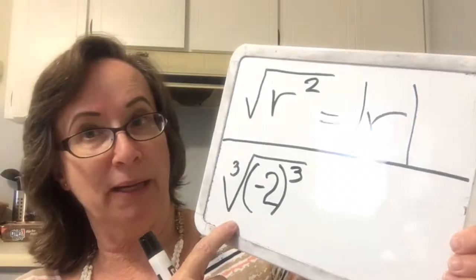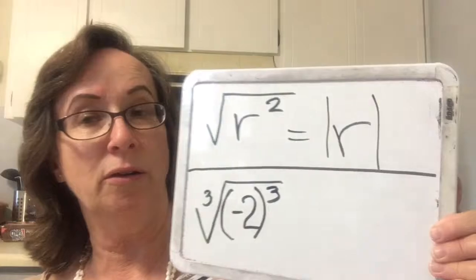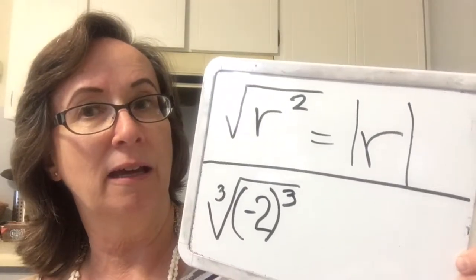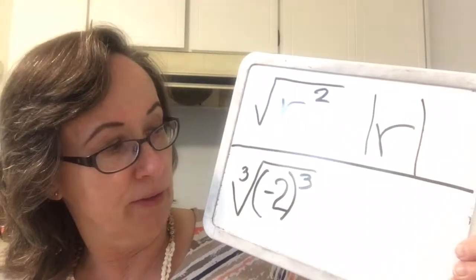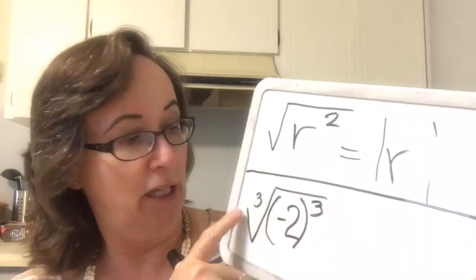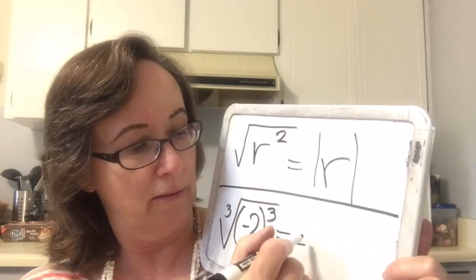Okay, now this one, we've got a cubic root of -2 cubed, but a cube does not change the sign of whatever you started with. So -2 cubed is -8, and the cubic root of -8 is -2.